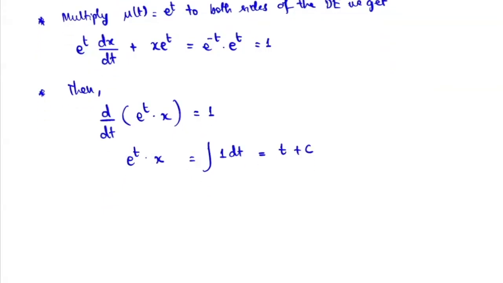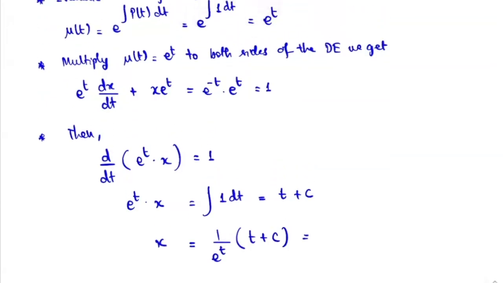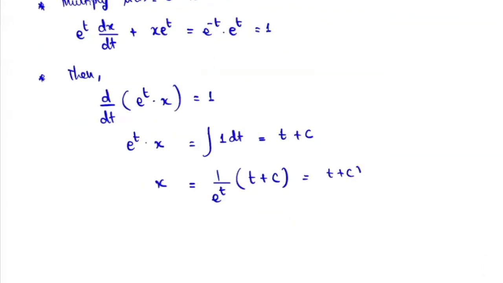Then you divide both sides by e to the t to get x by itself. So x is equal to 1 over e to the t times t plus c, or I want to write this as t plus c times e to the negative t. Or x is equal to t times e to the negative t plus c times e to the negative t. So these are the general solutions.